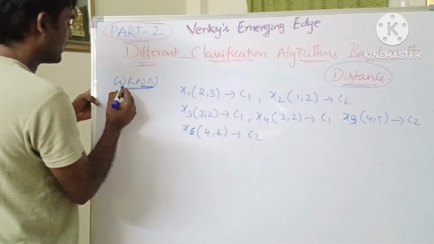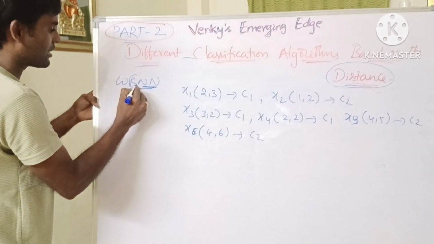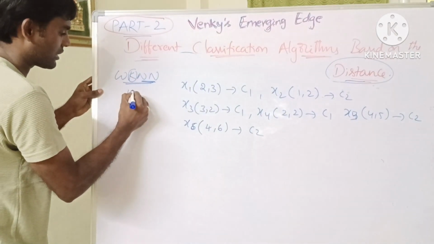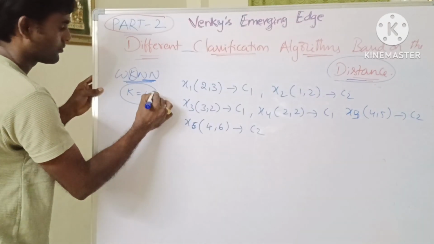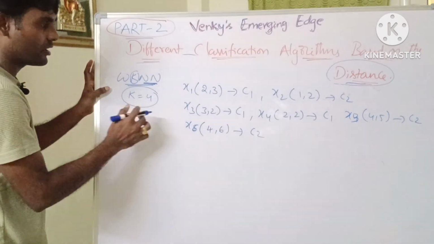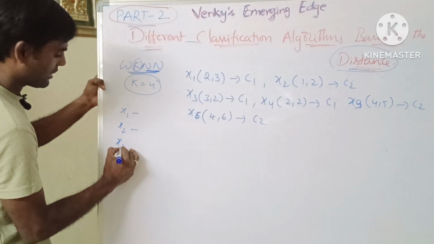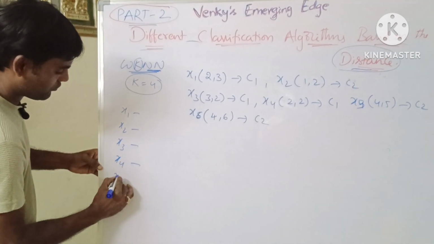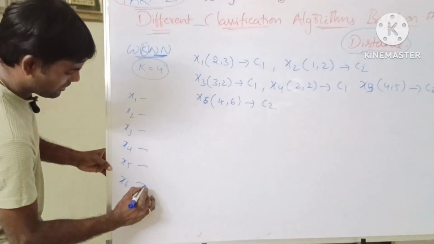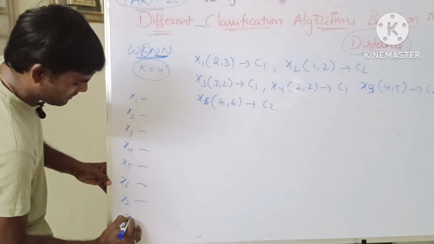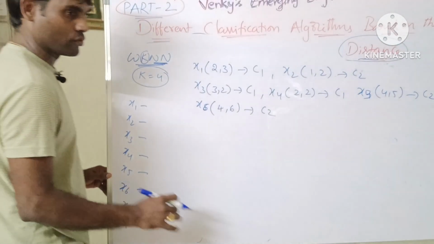So K nearest neighbors, here also we take K equal to 4. Is it clear? Then for example x1, x2, x3, x4, x5, x6 samples only.